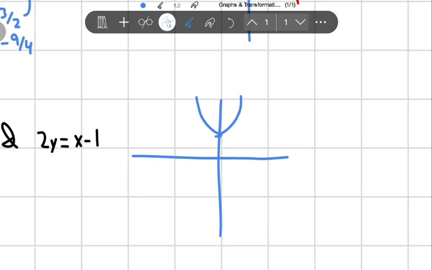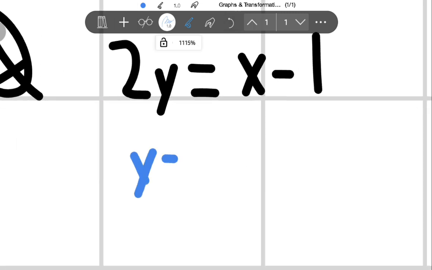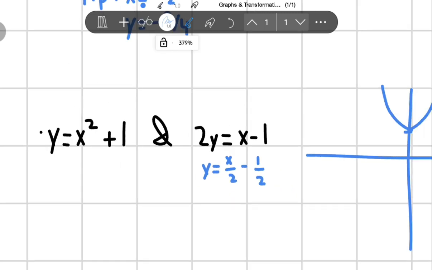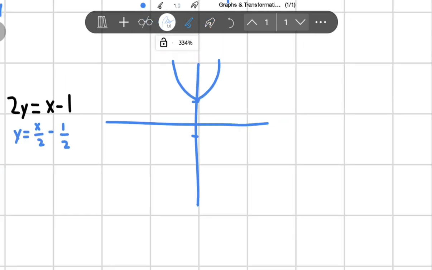We have 2y equals x minus 1. If we want this to be a straight line graph, obviously we need y to not have any coefficient next to it. So we can just divide the whole thing by 2. So I'll be left with y equals x over 2 minus half. So we know the y-intercept for this straight line graph will be at negative half, somewhere here.